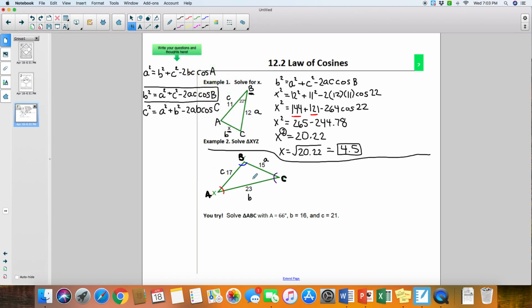Since I would like to solve for angle A, I'm going to use the formula that has angle A in it. So again, I'm going to start with my formula.